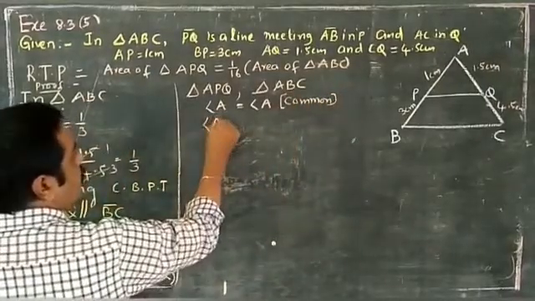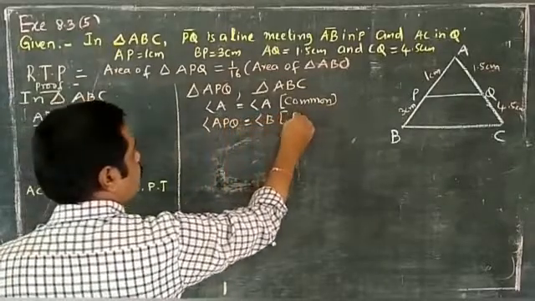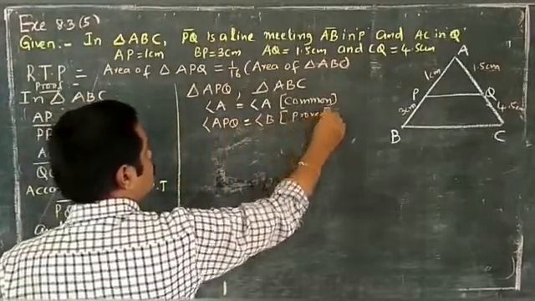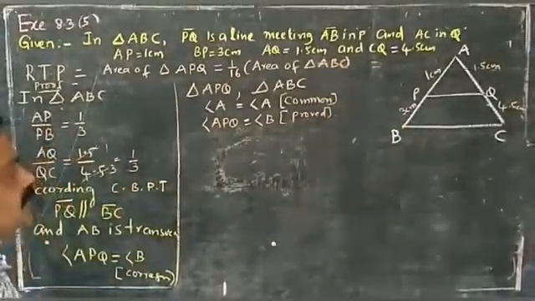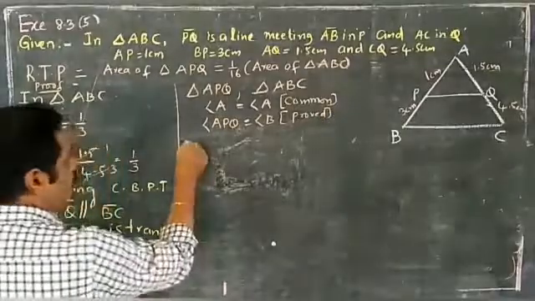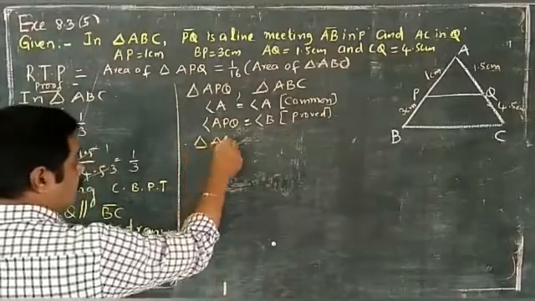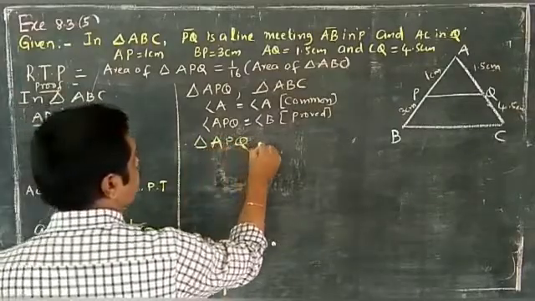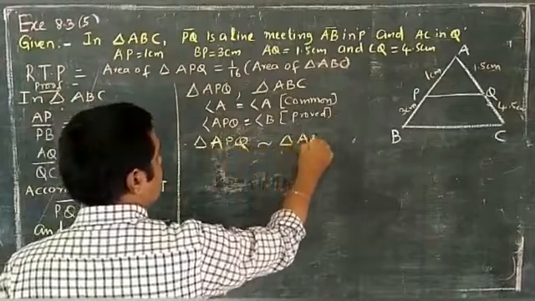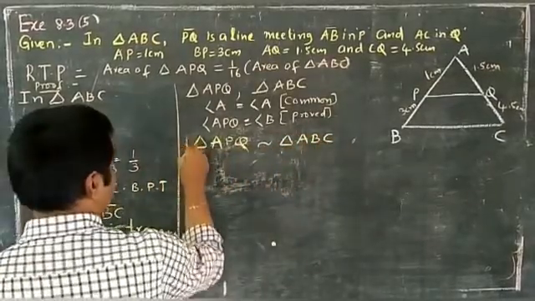And angle APQ in this triangle is equal to angle B in the other triangle, because we just proved that PQ and BC are parallel and AB is a transversal, so the corresponding angles are equal. Therefore, triangle APQ is similar to triangle ABC. We got that information.